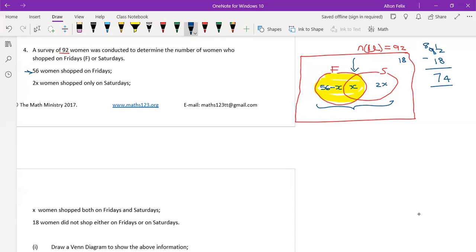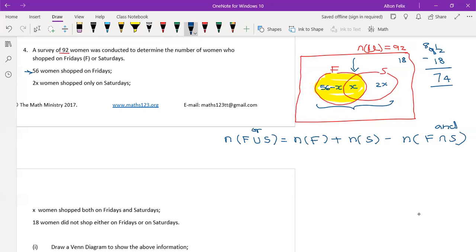Now that bit of information is important because when we go back to our set formula, this will be the number who shop on Fridays plus the number of women who shop on Saturdays minus the intersection. So the number who shop on Friday or Saturday, and we said this would be and both. So we have all the information needed now to continue with that formula when asked to do so in the relevant part of the question.